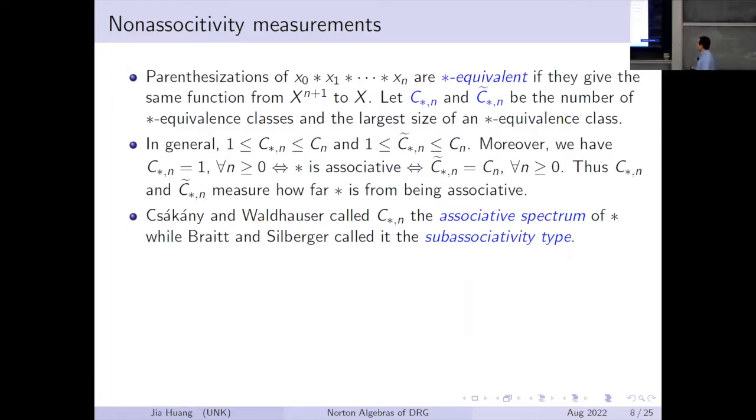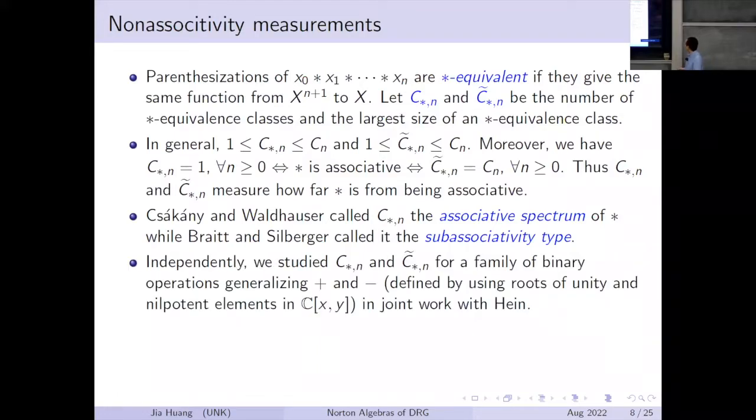Independently, Breit and Silberger also studied that, and they call it the sub-associativity type. We were not aware of this work and came up with the notion ourselves, together with C tilde star n, and we didn't have a name, so there's no conflict of name.